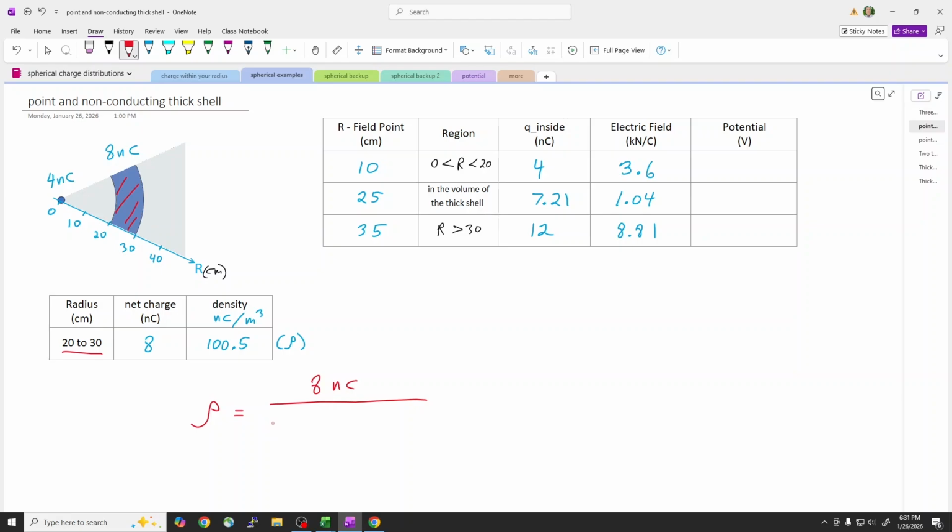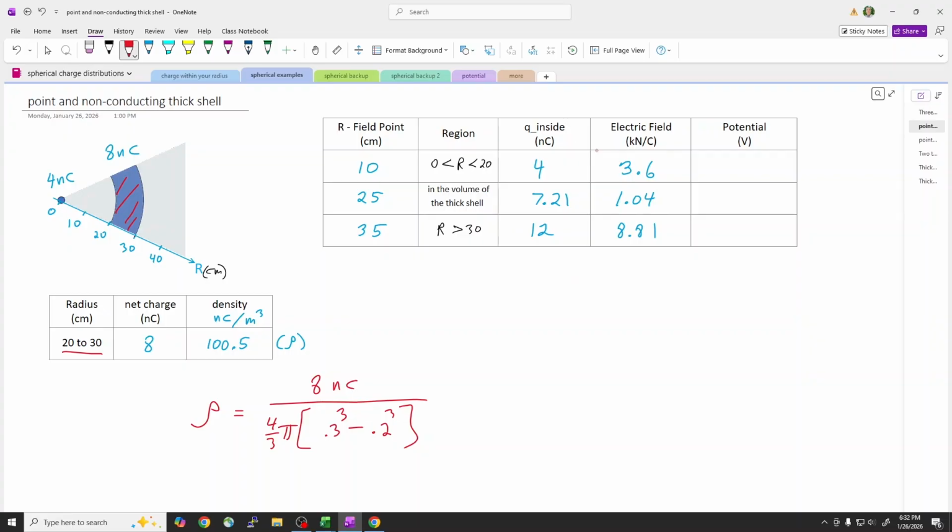Now, the volume of the thick shell is related to the volume of a sphere, 4/3 pi, but it would be r cubed for the outer radius, and then subtract off the inner radius. So 0.2 cubed there. Right, so try this calculation. If we leave nano alone, we will end up with nanocoulombs per cubic meter. So give that calculation a try, you should get 100.5.